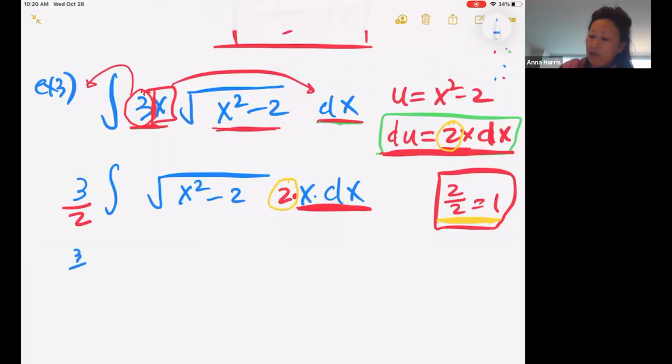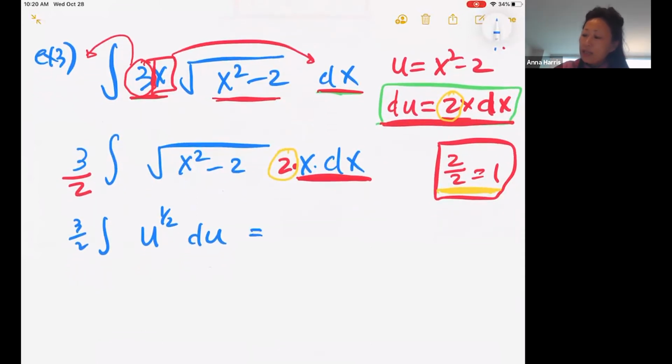So we have 3 over 2 integral u to the 1/2 du. This problem is a little more complicated than before, but it's okay. We do exactly the same way we always do. So u to the 1/2 plus 1 divided by 1/2 plus 1, plus c.